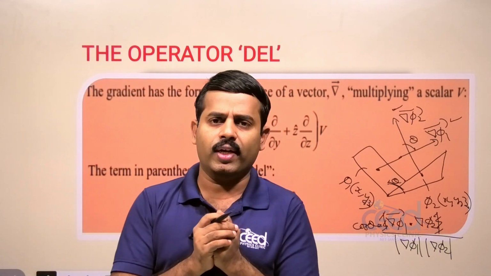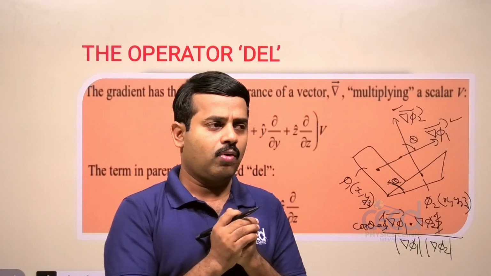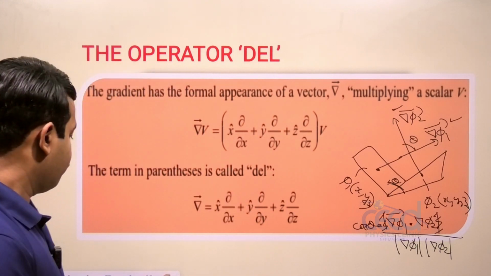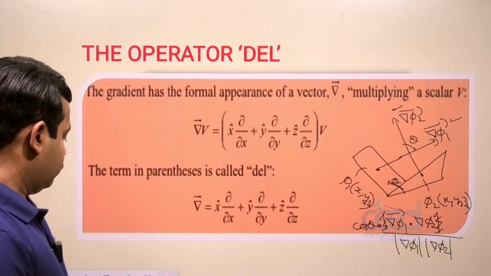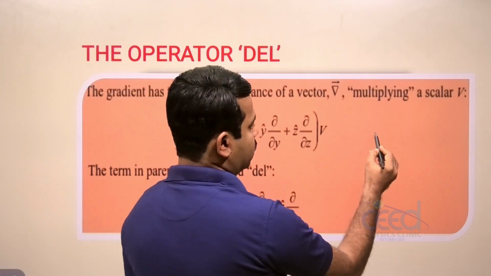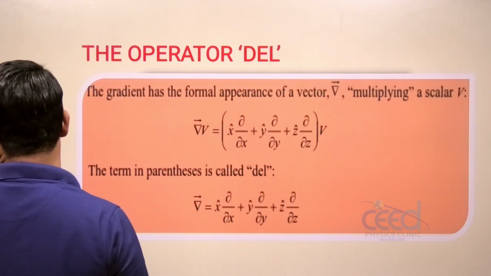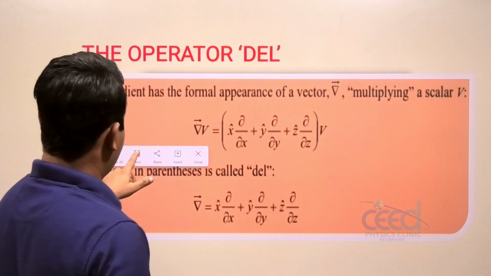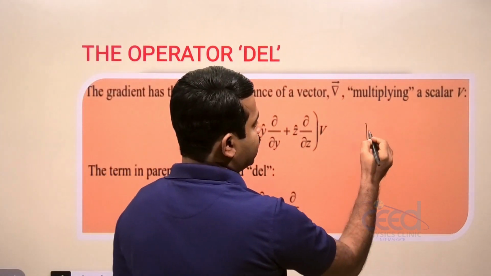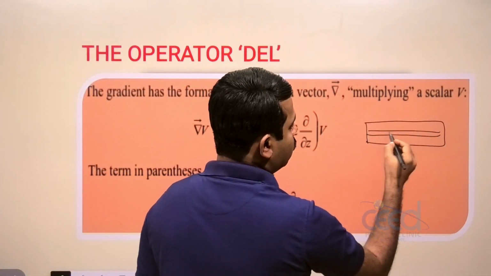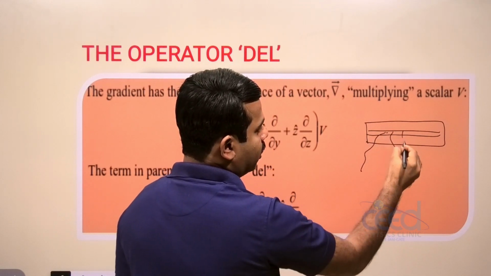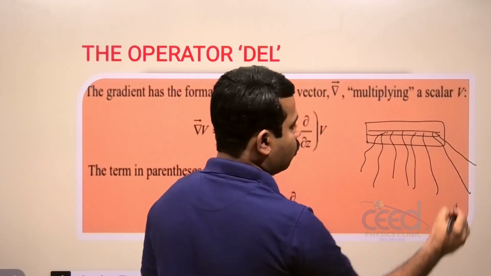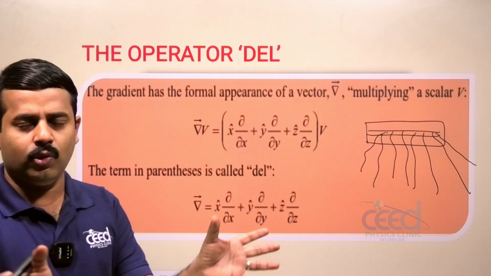Also, gradient phi has the meaning of maximum rate of change of a physical quantity. Look here, suppose you consider a refrigerator, okay, let me consider one AC. Cold air is spreading to all the space in that particular room.